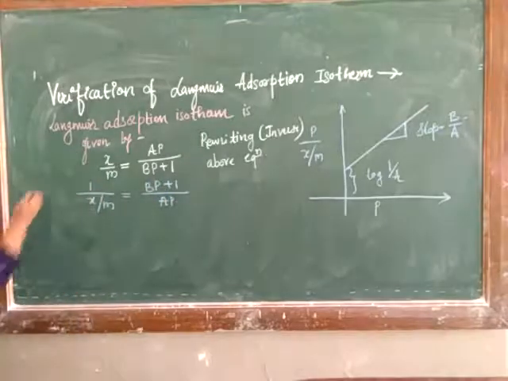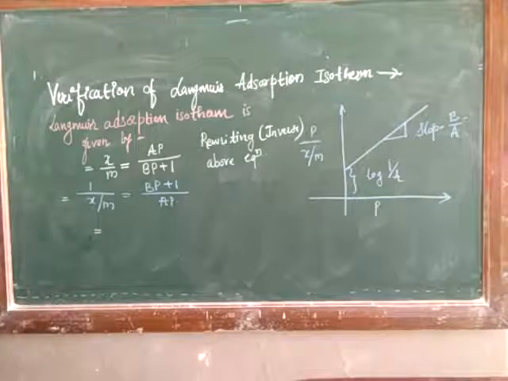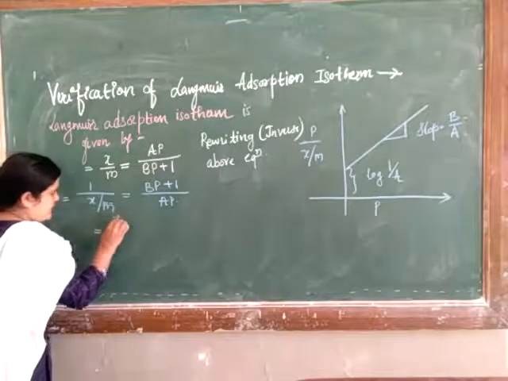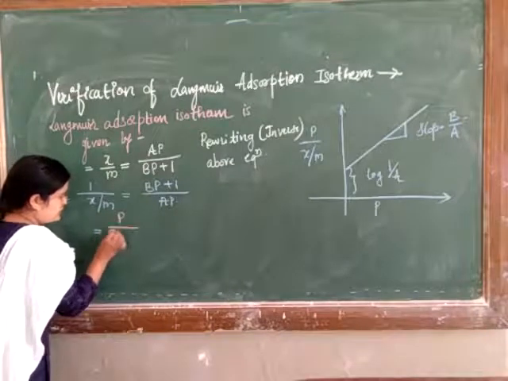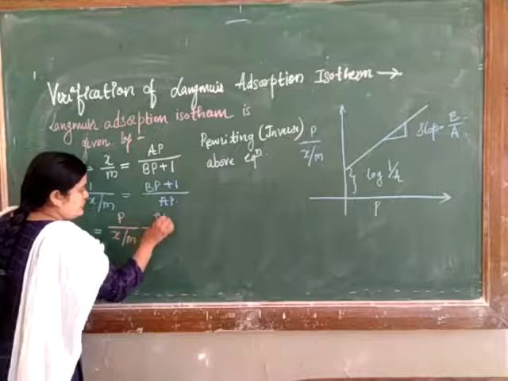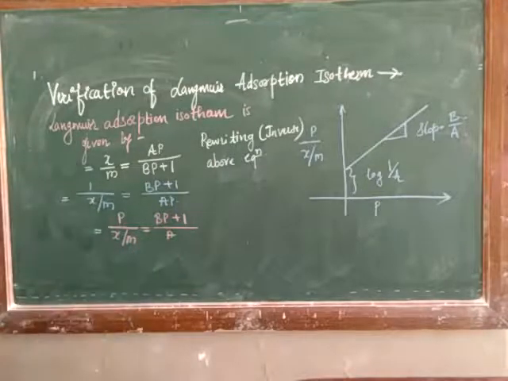Just correlating the terms, we will get the third equation: P upon x upon m is equal to bP plus 1 divided by a.